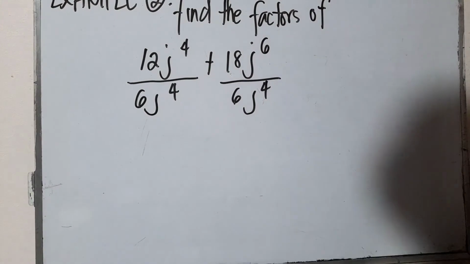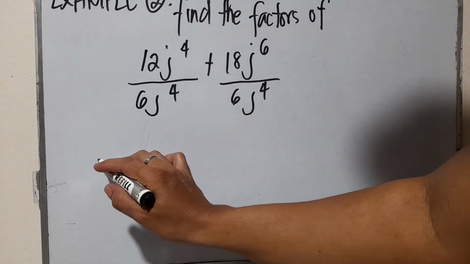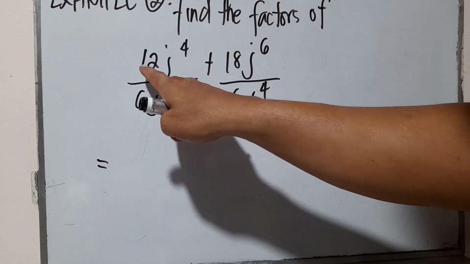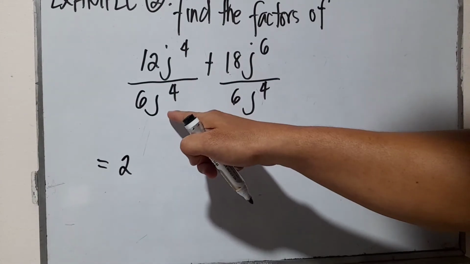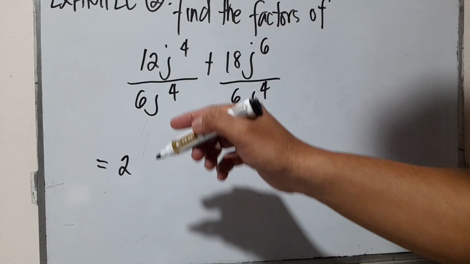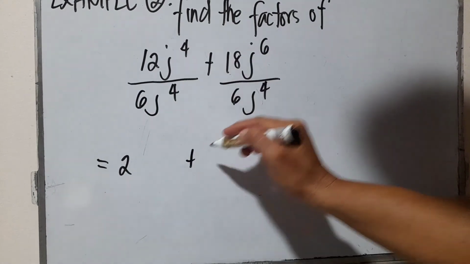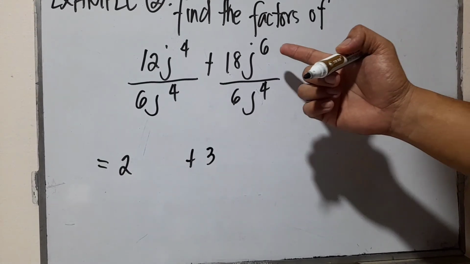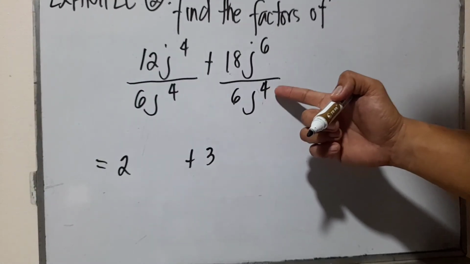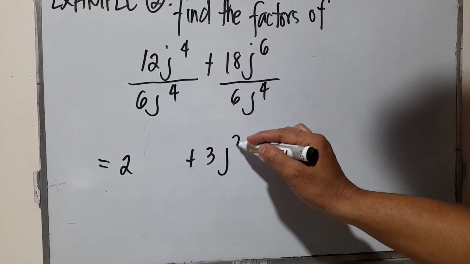So 12 divided by 6, we have 2. j to the 4 divided by j to the 4, we have 1. Plus 18 divided by 6, we have 3. And then j to the 6 divided by j to the 4, we have j squared.